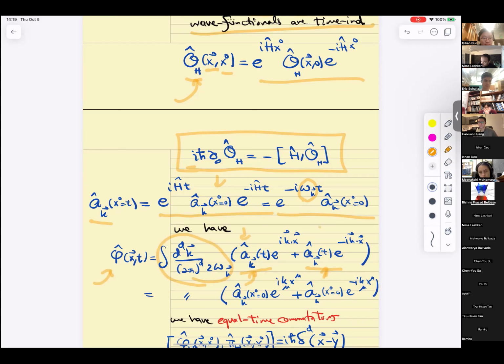Therefore, what happens is that this term pops out e to the minus i omega t, and this one e to the i omega t, and you can write them in terms of these phases. They used to be spatial dot products. Now they are becoming k mu x mu, k mu x mu.